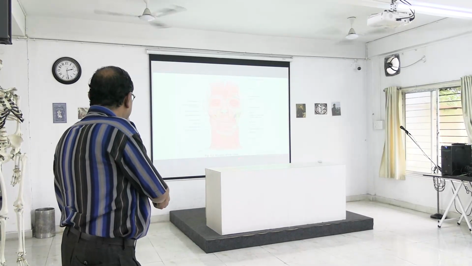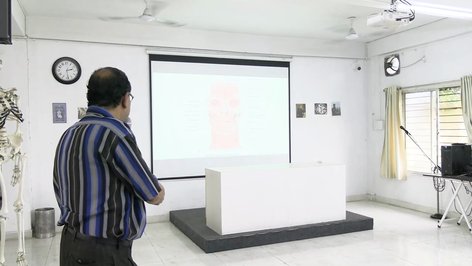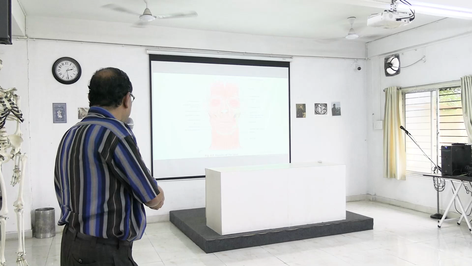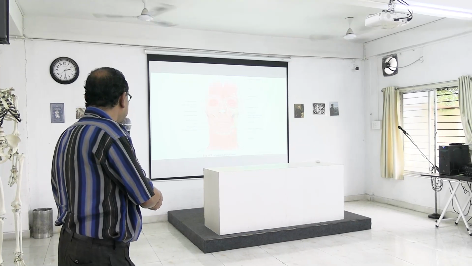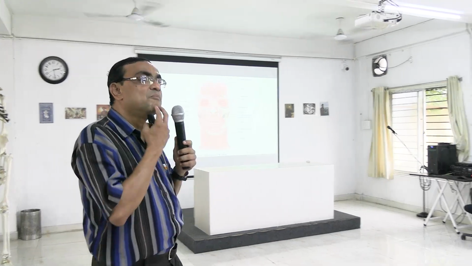Similarly, we can get another group of muscle which is depressor anguli oris, depressor labii inferioris, and most medially, around the midline, that is the mentalis muscle. These are all extrinsic muscles and attached to Orbicularis Oris.